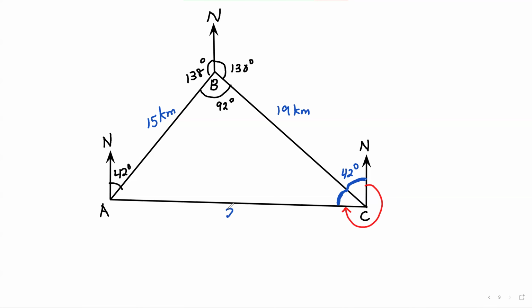So I can use any one of the rules, either sine or cosine, to figure out this angle. I am going to use the sine rule to figure out the angle at C. Recall that.